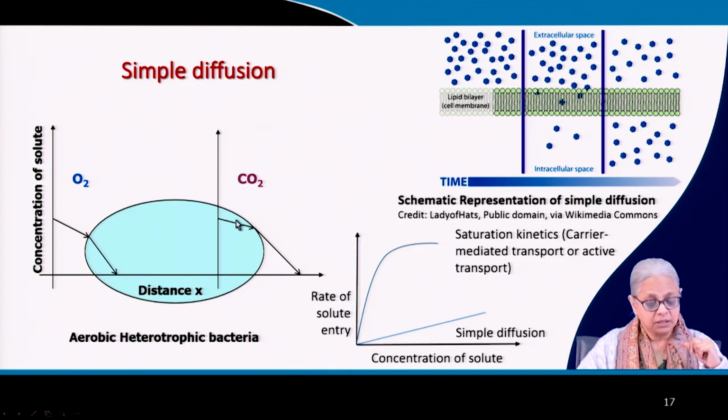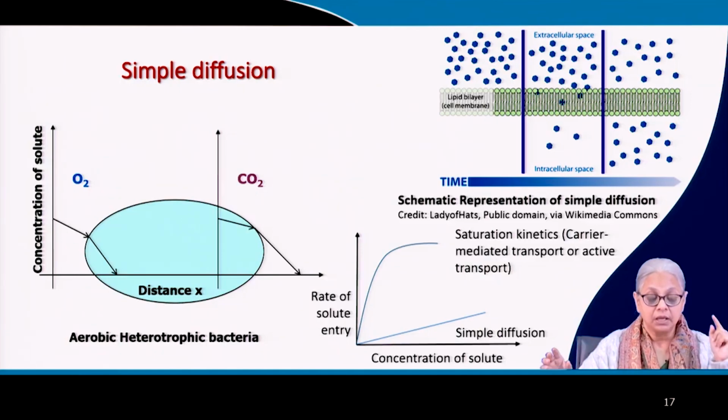So let us see how simple diffusion would work. We know that hydrophilic molecules and charged molecules have no chance to get in and out even by diffusion. For simple diffusion to happen, we know that gases like oxygen and CO2 are capable of diffusing in and out of the membrane without the organism spending any energy.